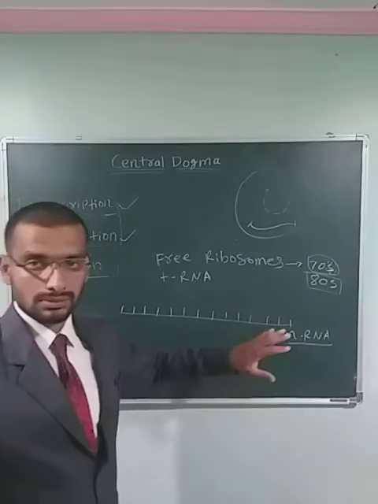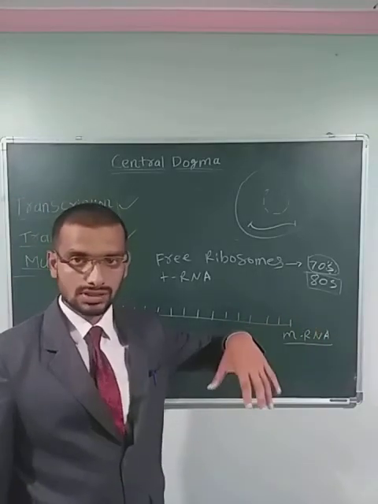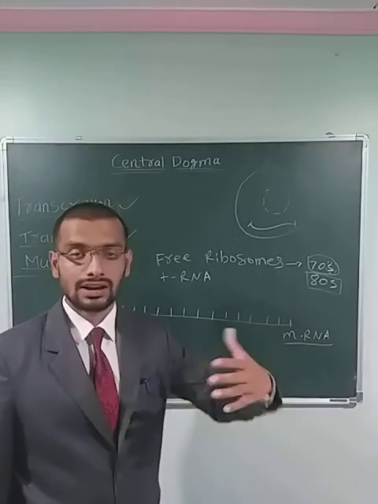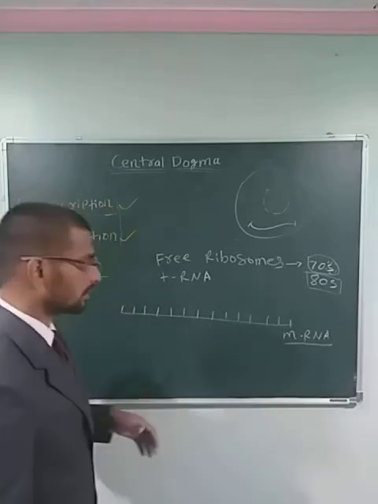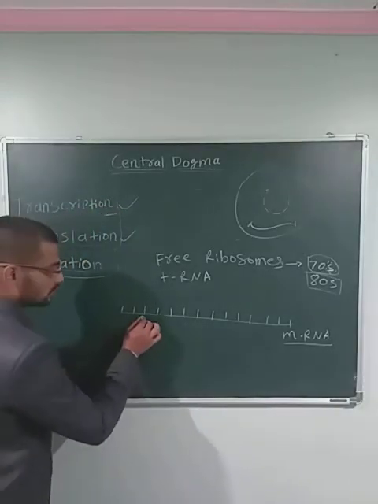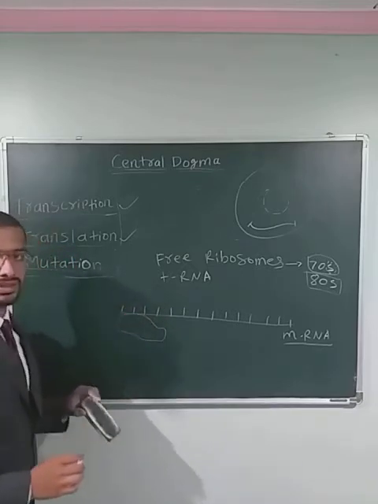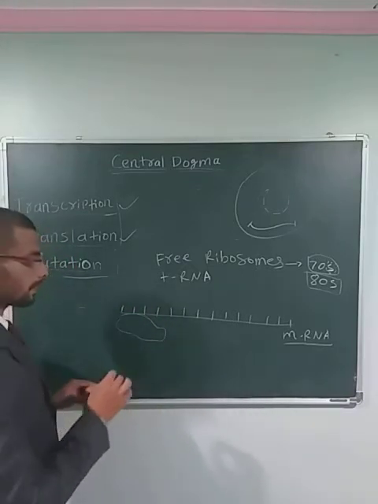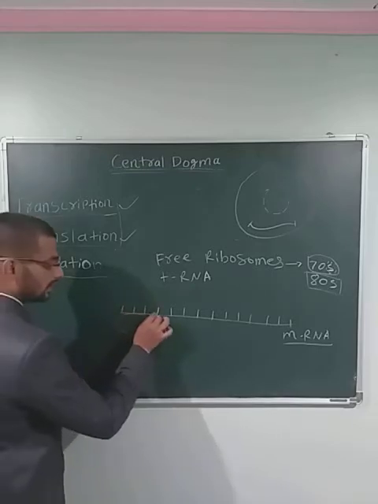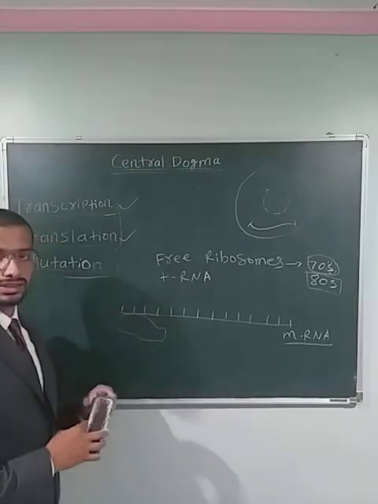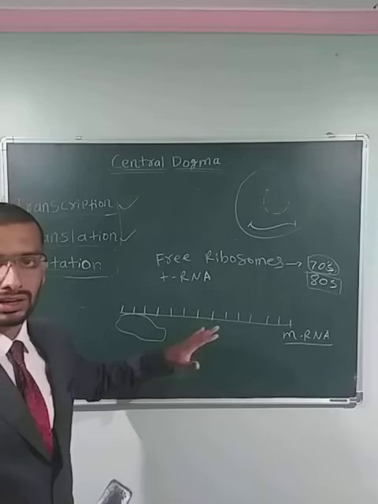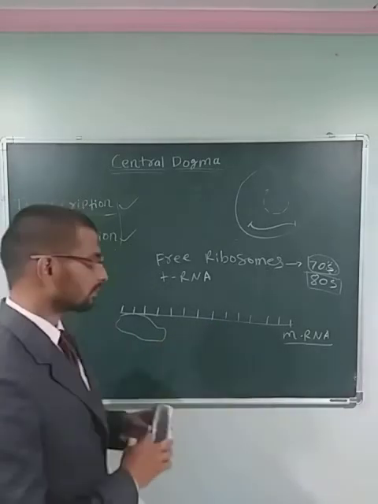There are two major parts of a ribosome: the smaller subunit and the larger subunit. The smaller subunit of the ribosome will recognize the sequence present next to the start codon. When it attaches to an mRNA, it becomes clear that this is the mRNA for which we have to translate its protein molecule.